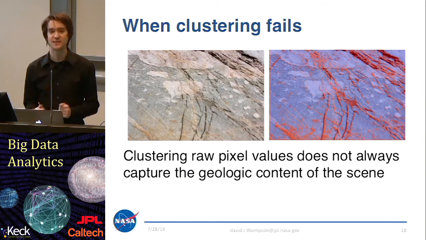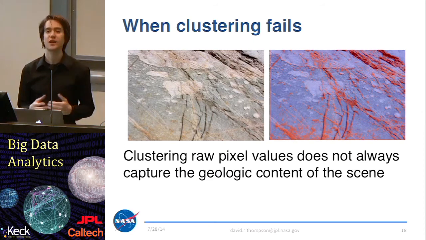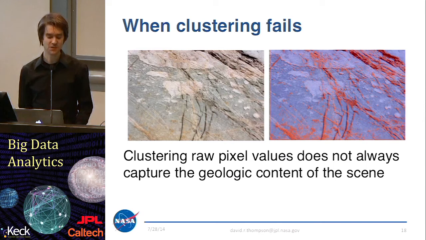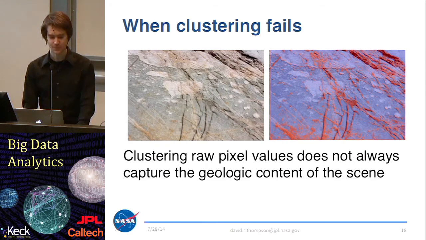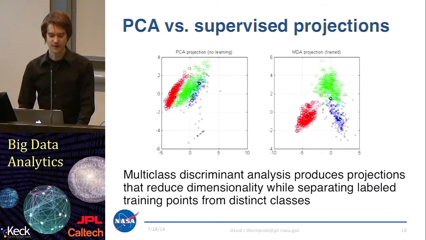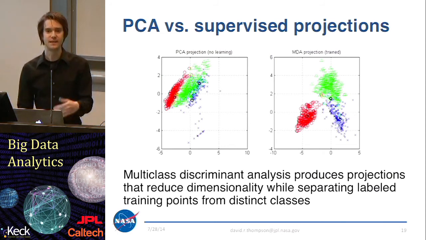We want some different distance metric that will allow the k-means segmentation to overlook some of these incidental features like fractures and instead focus on the features that are most relevant, that is the color and texture cues that will tell us where composition is actually changing. So Francis et al. applied the multiclass discriminant analysis to this problem.